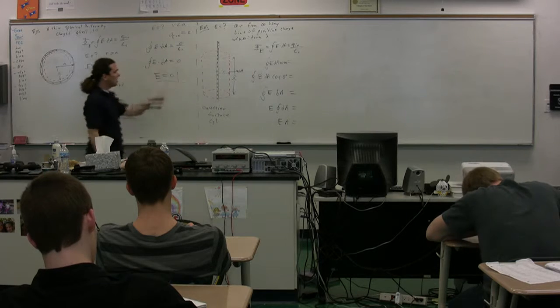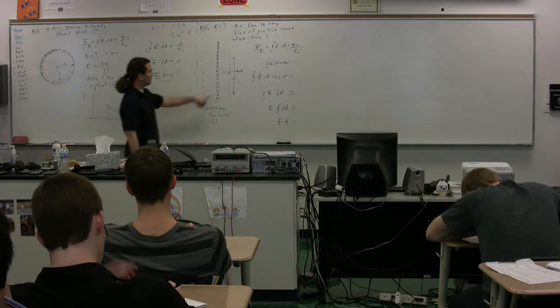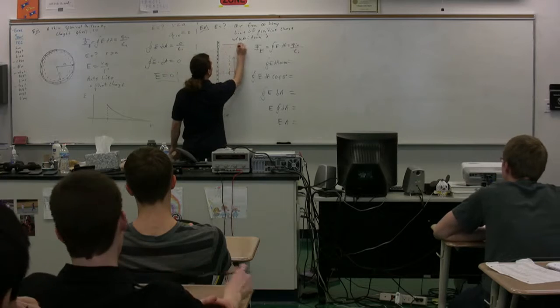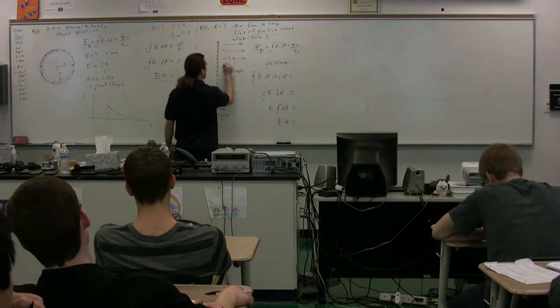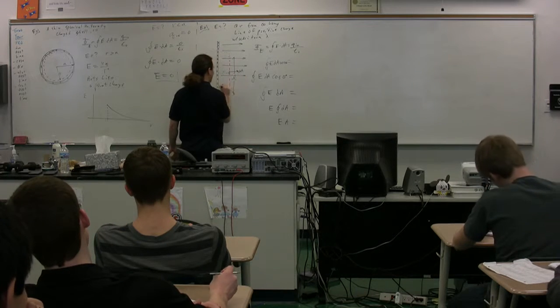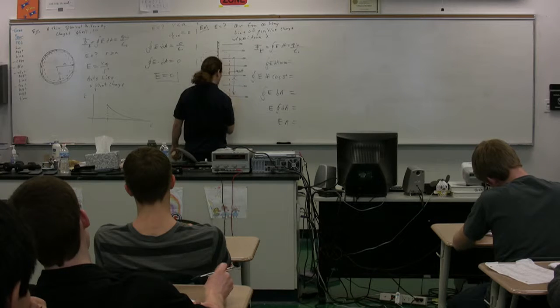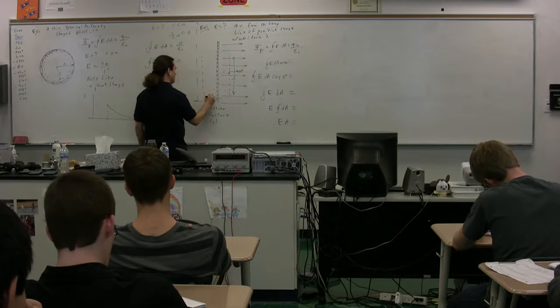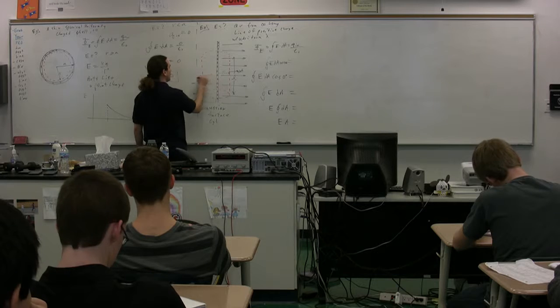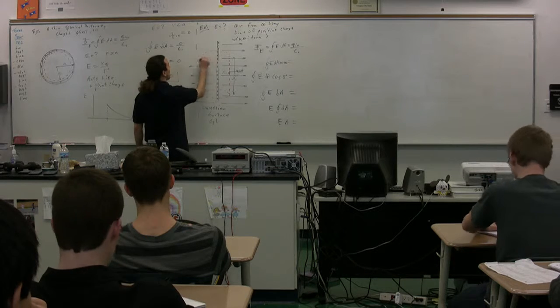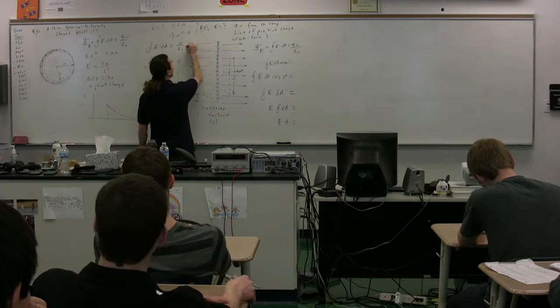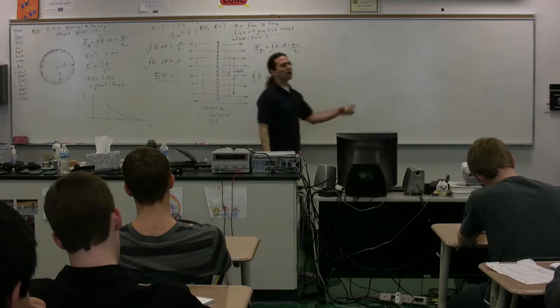Now, we should be able to tell from the symmetry here that the electric field is going to look like this. It's always going to go outward away from our infinitely long positively charged wire. How do we know it goes away from the wire?